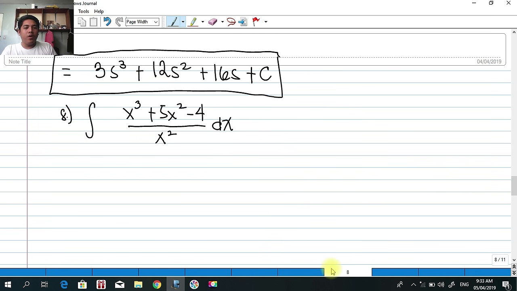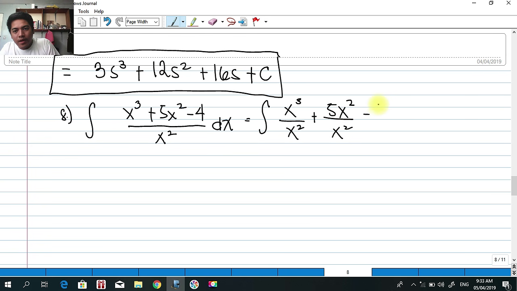So, in order to find the integral of this, we can rewrite it as the integral of x cubed over x squared plus 5x squared over x squared minus 4 over x squared dx.